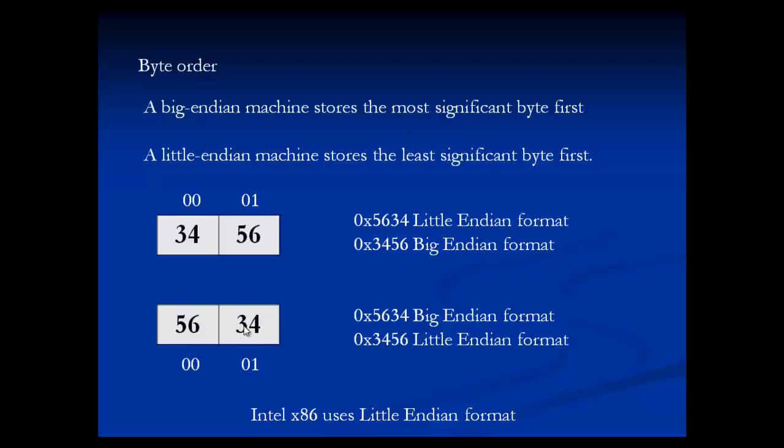We have just reversed the previous example. In this case little endian format will become 0x3456, and big endian format will become 0x5634. In our examples we are using Intel x86 architecture, so we use little endian format throughout the examples.